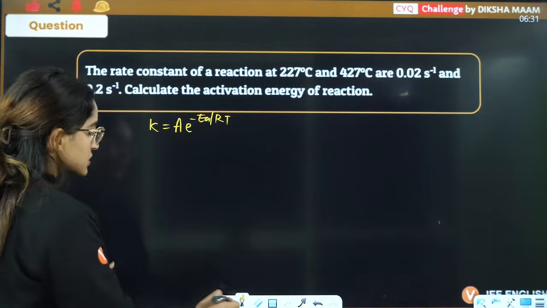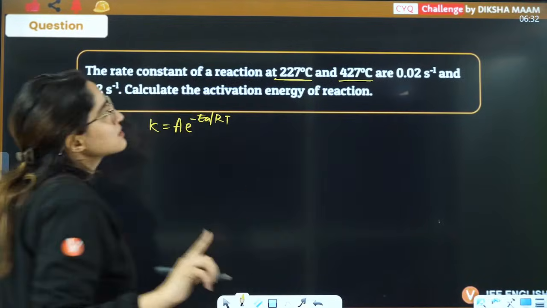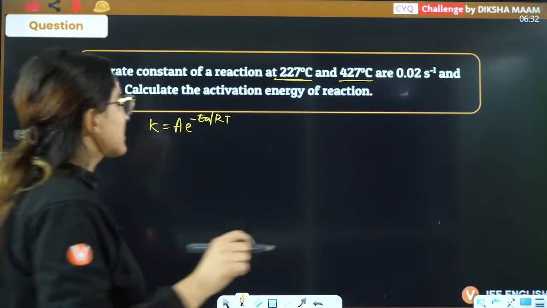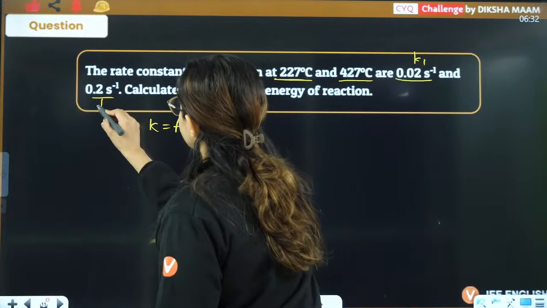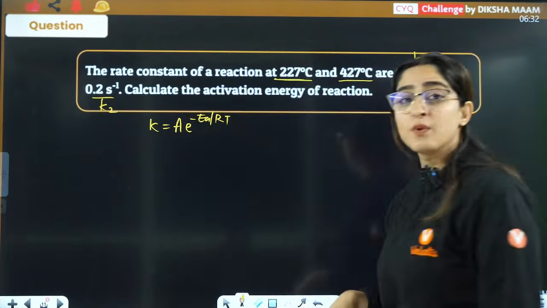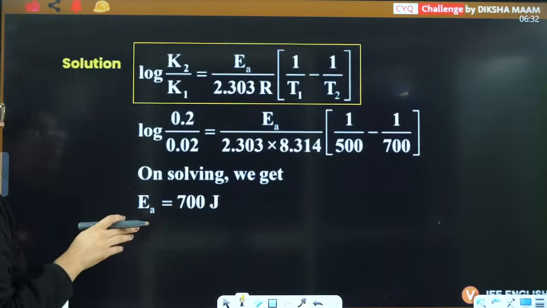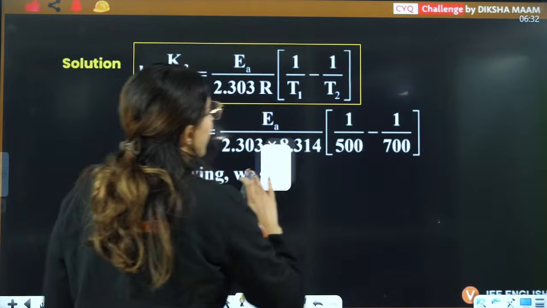Now here if you see, the temperature values are in degrees Celsius, and the rate constants, let's say this is K1 and this is K2, are given. So first you will calculate the temperatures in Kelvin, and only then will you put the values here.